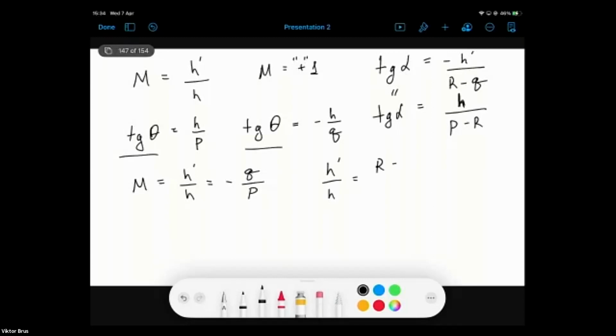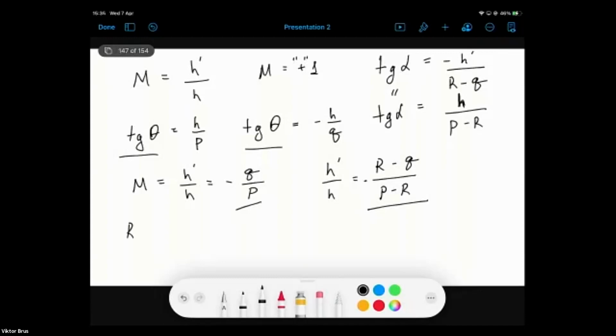is equal to r minus q divided by P minus R. And since it is magnification, well, actually here we forgot minus, we can equate this part and this part.